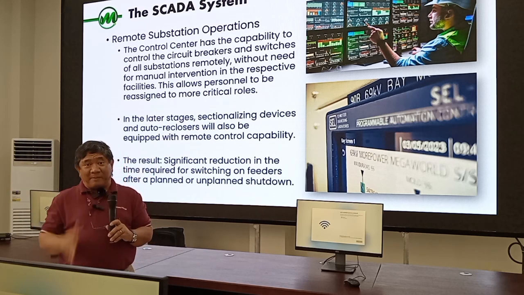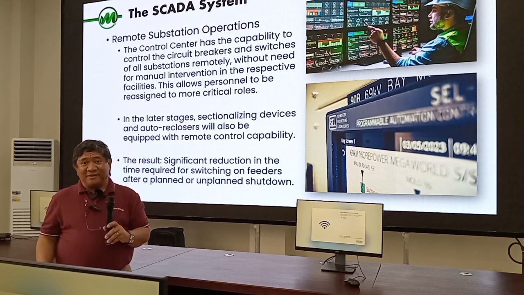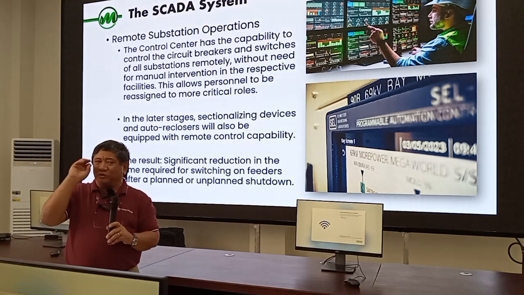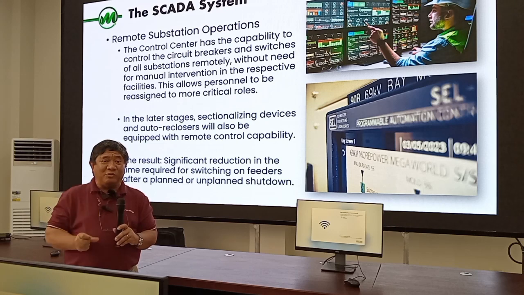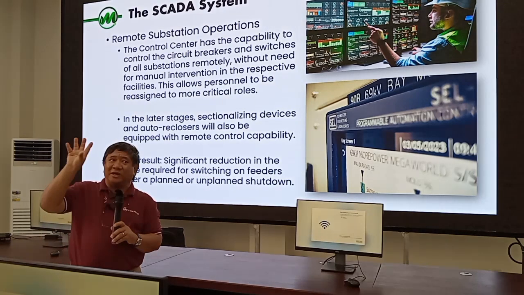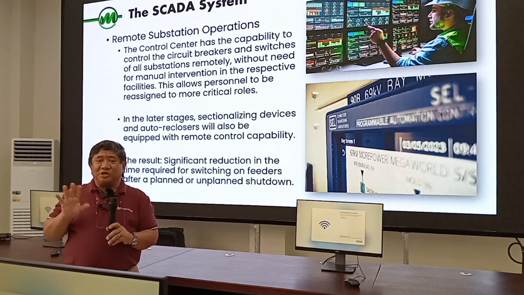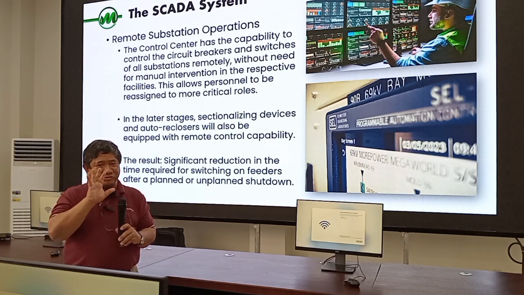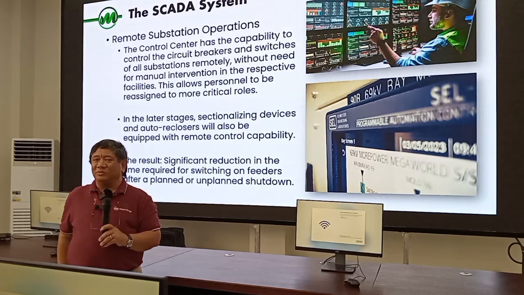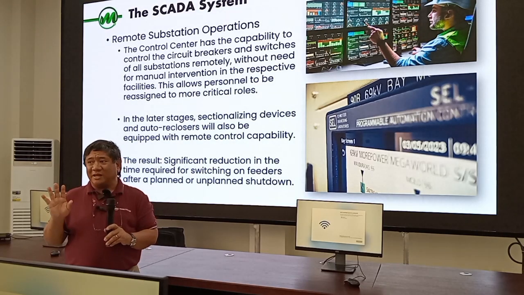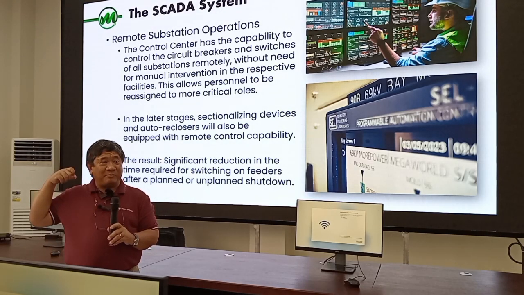Ang problema paggabi, di ba? When your visibility paggabi, especially pag umuulan, ang hirap talaga, even if you already have the searchlight na nakakabit. So, those mga ganon will already be eliminated with the new system.